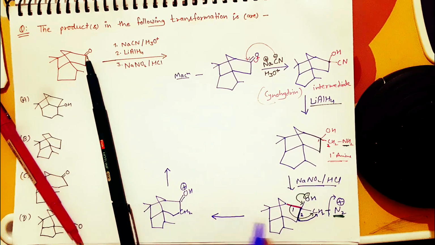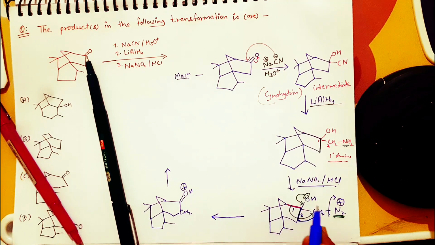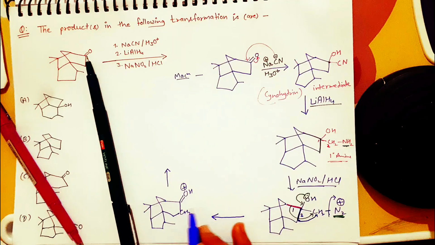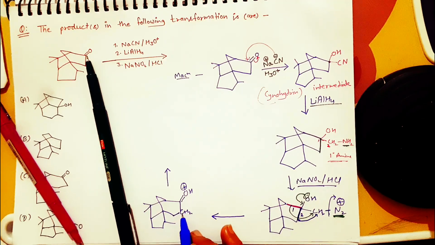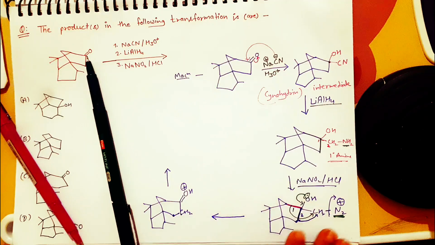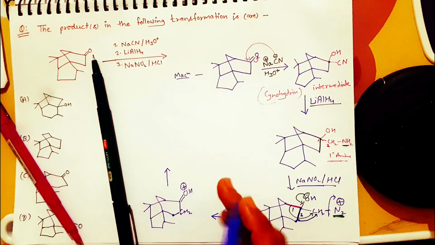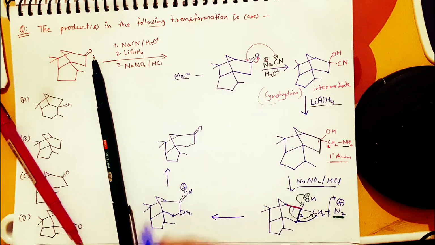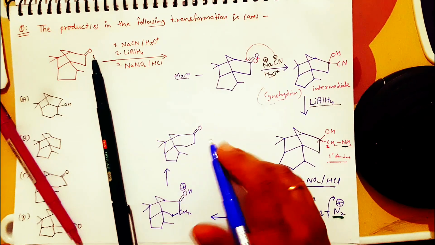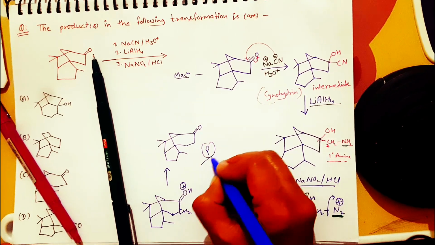Here we get CH2 after one carbon attached with this group. So here 1 CH2, this is our CH2 number 2 here. So after this rearrangement, we get the final product like this. Arrange this. So it is our final product.